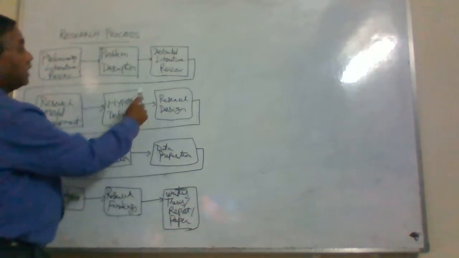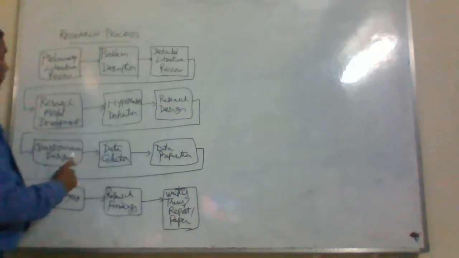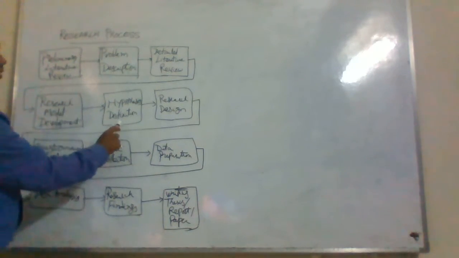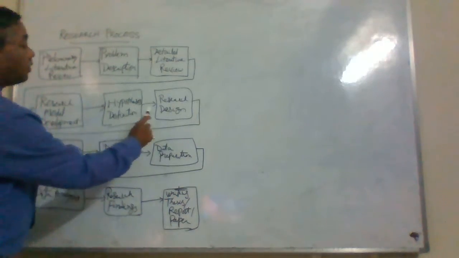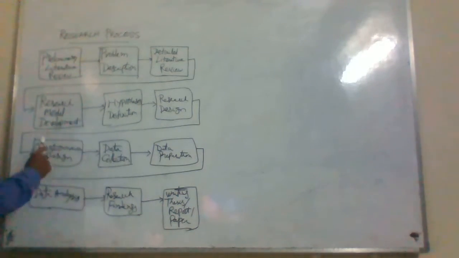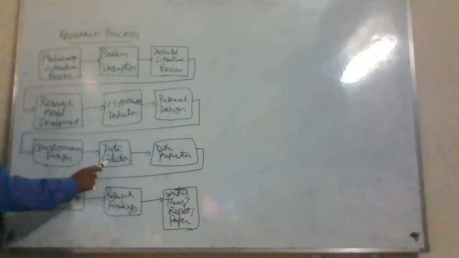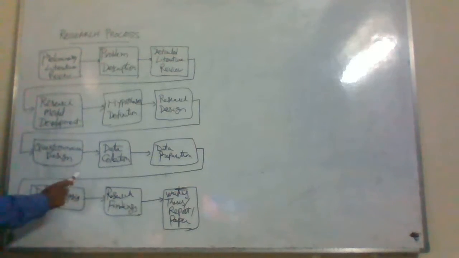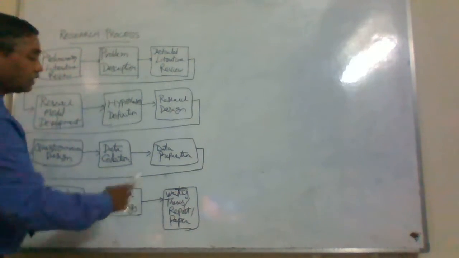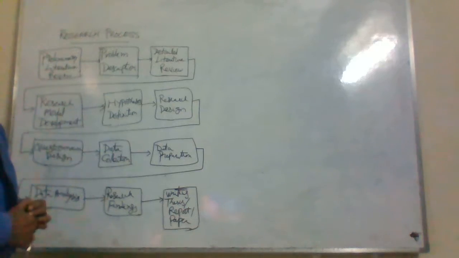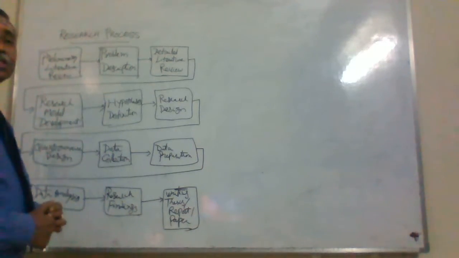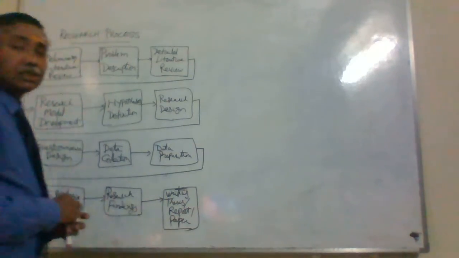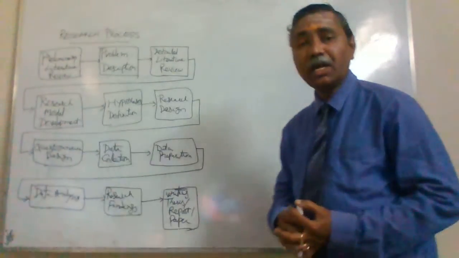The next step is detailed literature review, then research model development, hypothesis definition, followed by research design. After that comes the questionnaire design, then data collection, data preparation and data analysis. Next, research findings, then writing the thesis, report or research paper. These are the steps involved in doing a typical empirical study.